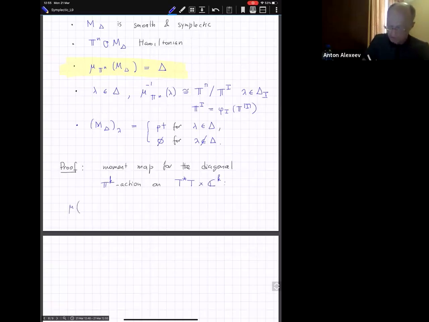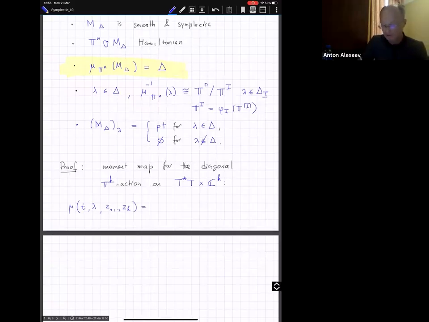This moment map depends on T and lambda, which encode a point of the cotangent bundle, and here this bunch of Z's, Z1, Z2, and so on.